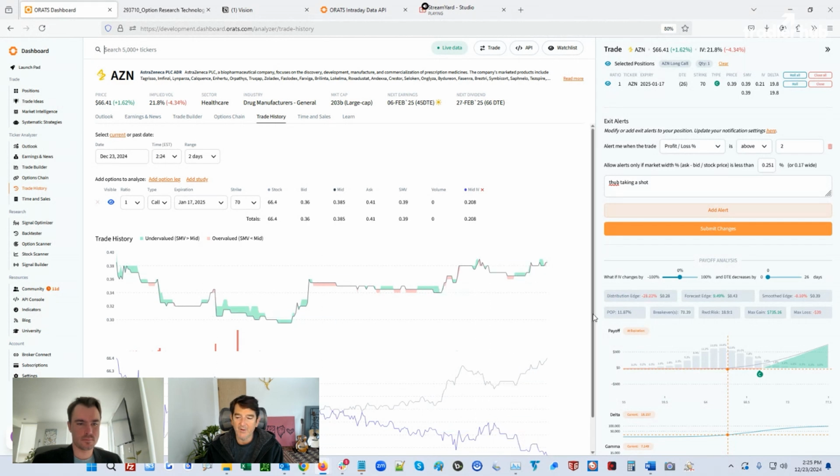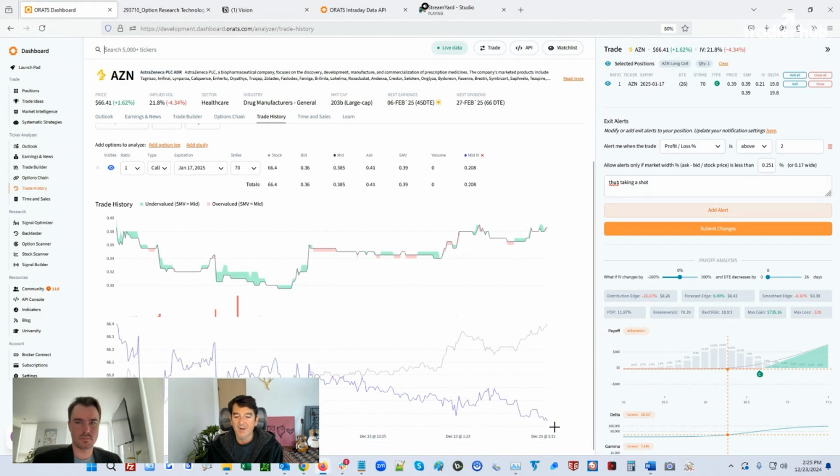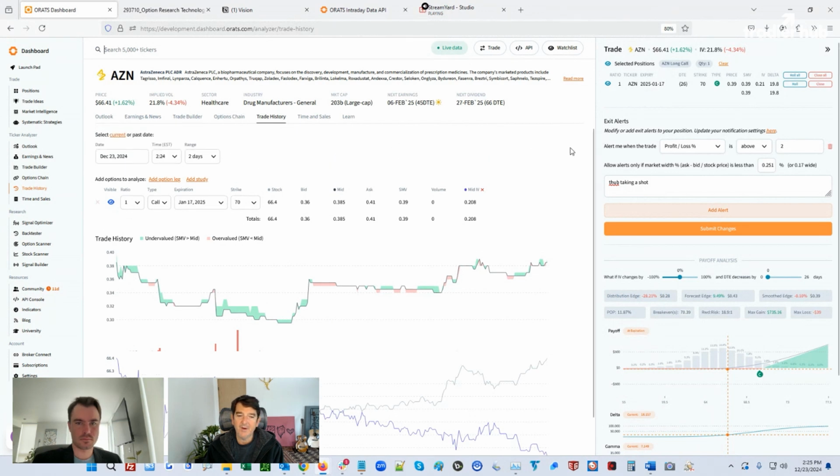Below, you could essentially graph it against the implied volatility at the strike, and then the stock price is down here. This trade history tab is quite cool, Tyler. Yeah, it's really cool, and you can see the different Greeks and how they affect the value of the position over time. I want to look at the add option leg and add study up above there, Matt.